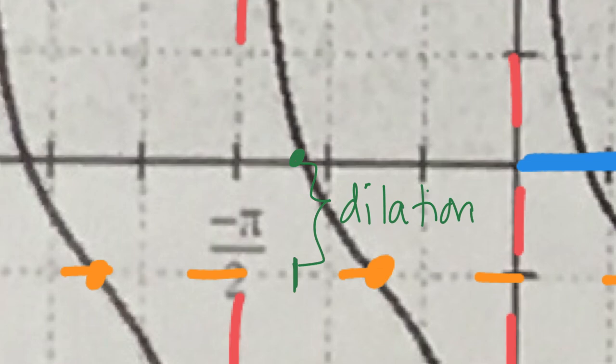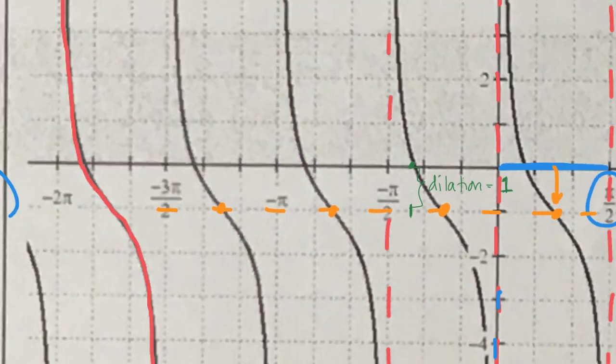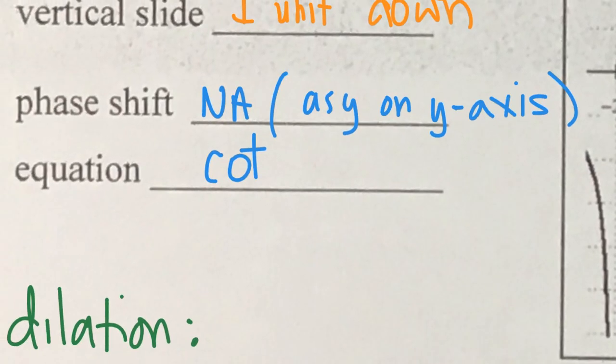Halfway, right, the 45-degree mark. 45 degrees is halfway between your 0 and your left asymptote, and we have a dilation factor of 1, right, because our point is just 1 unit above that middle. So in other words, we're not going to have a number in front of cotan, right? So we're going to have a 1 here, which we don't ever write as a leading coefficient.